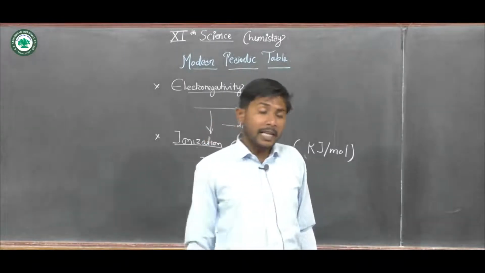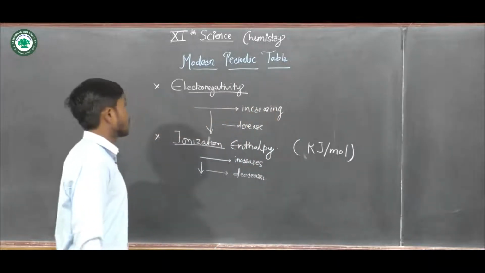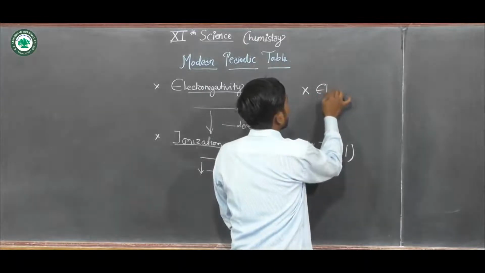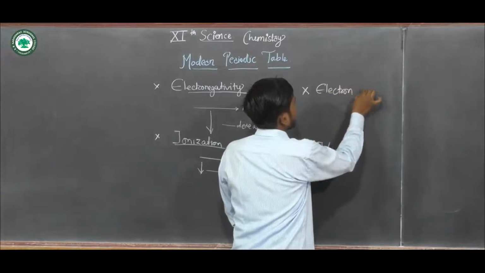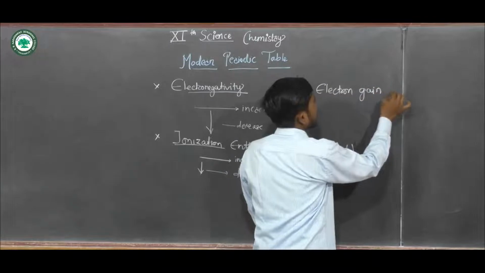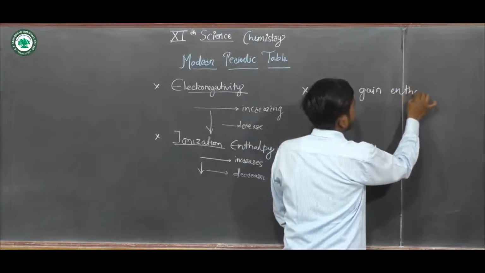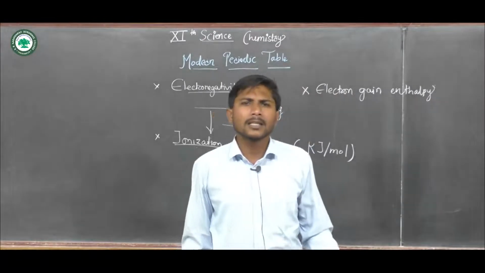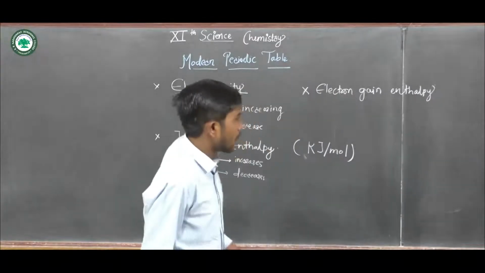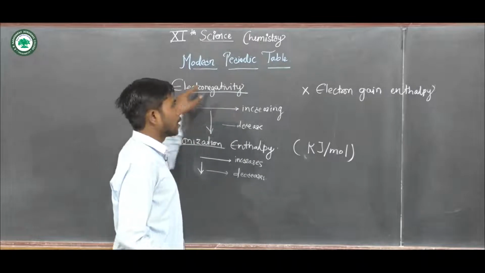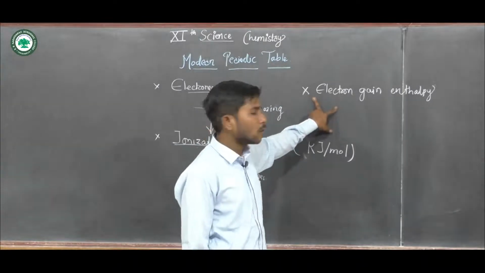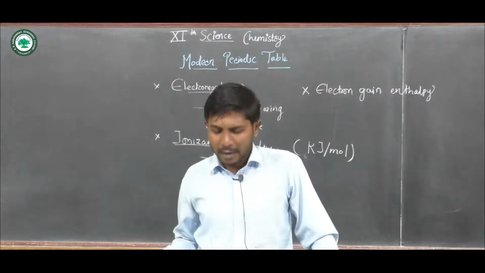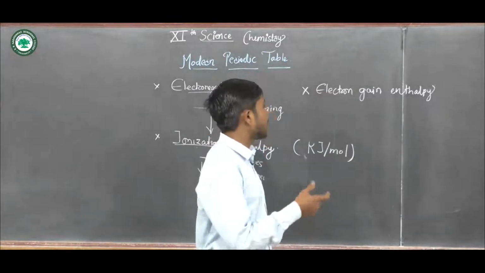Okay, then the next important trend that can be seen is electron gain enthalpy, or we can say electron affinity. Like electronegativity, this is also the ability or property of an atom to attract the electron.